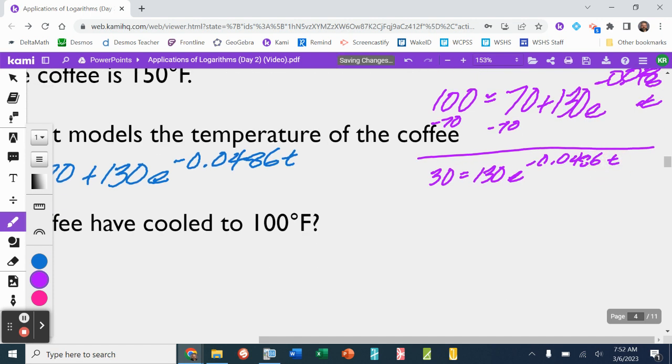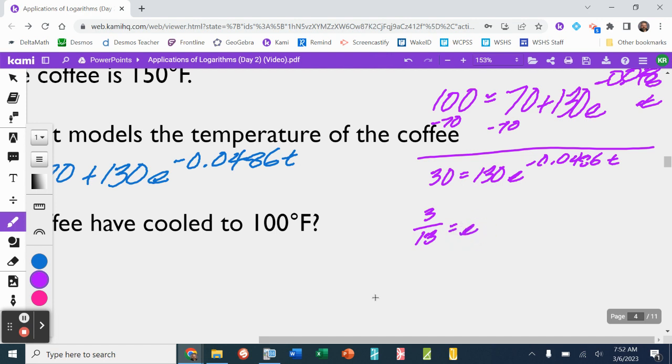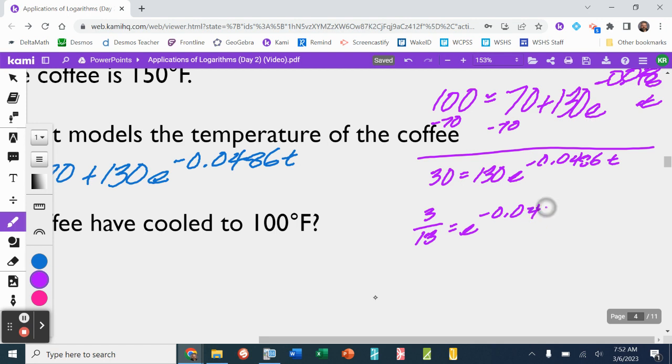I'm going to divide by 130. That's going to leave us with 3 over 13, at least in a simplified form, is equal to e raised to the negative 0.0486 t.